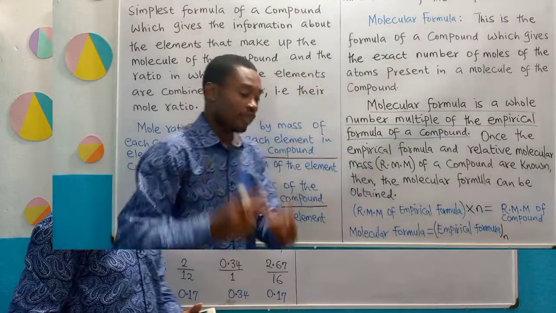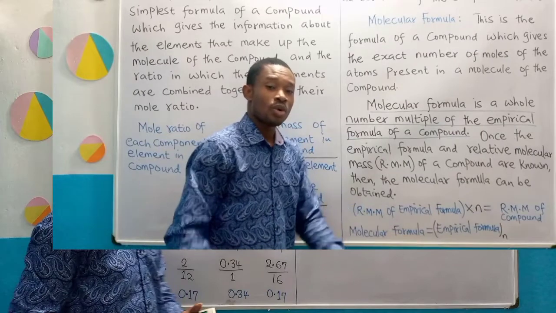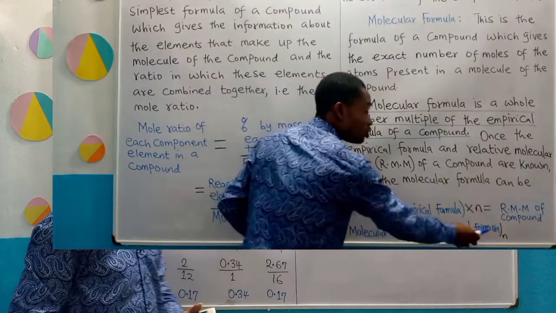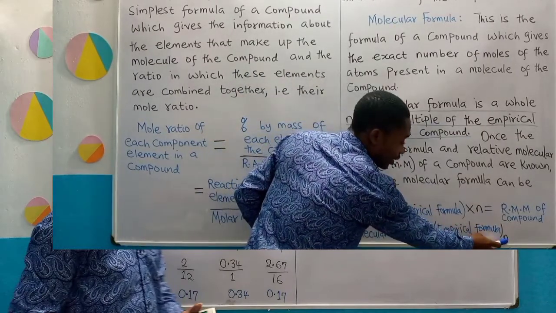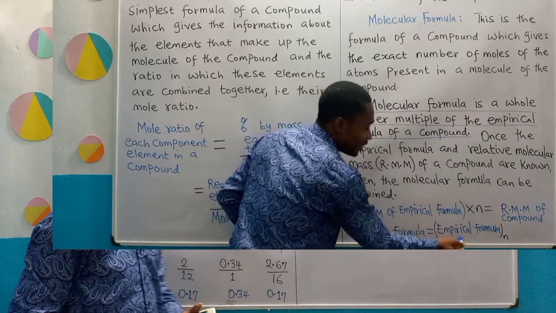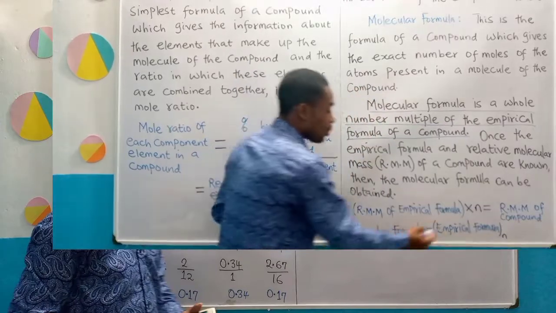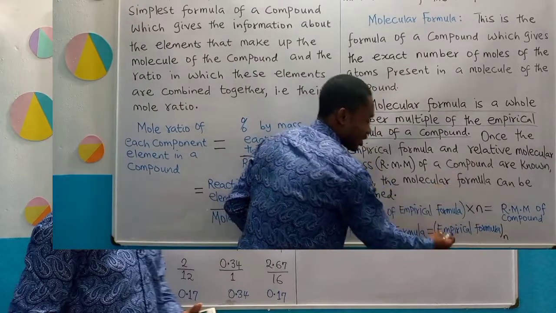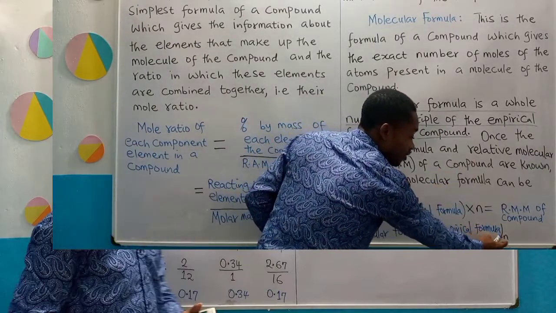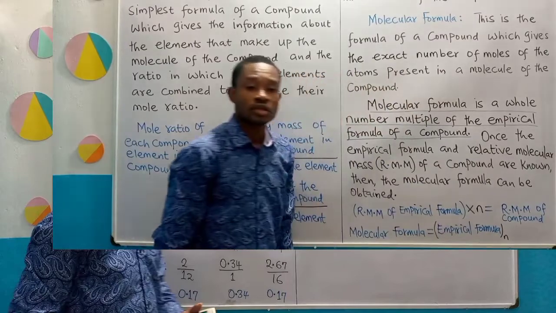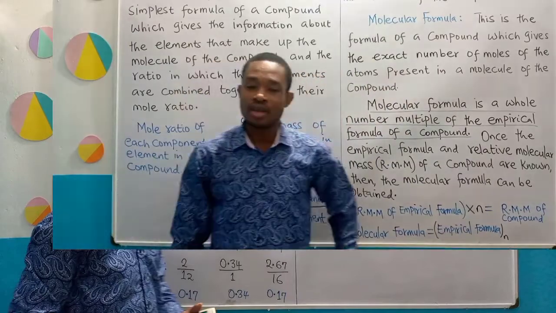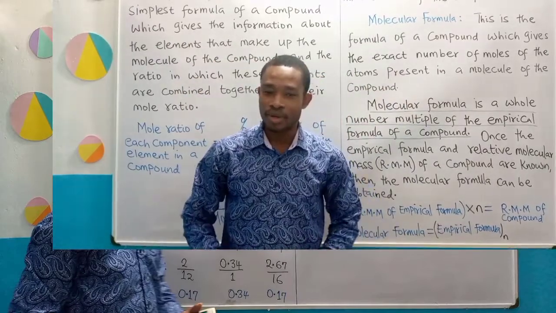Once you get the value of n, your molecular formula will now become the empirical formula you got, multiplied by n, that is, multiply the atoms. Are you following, right? Multiply the number of atoms of each element in the empirical formula by the value of that n you got. Remember, n is always a whole number.